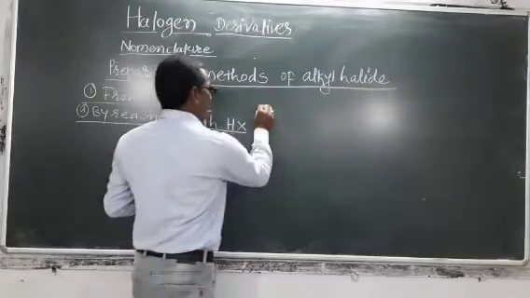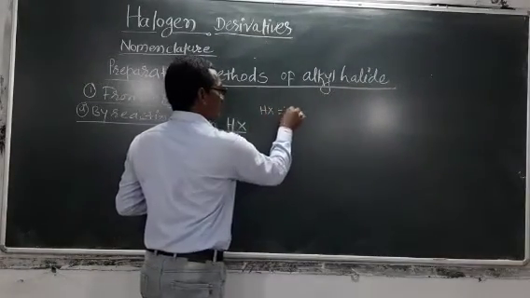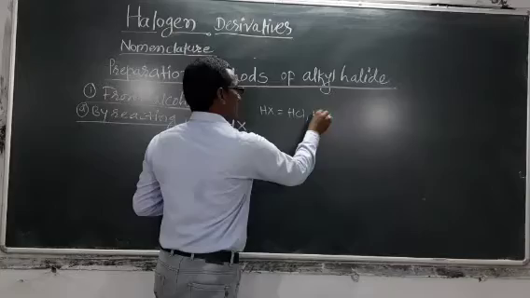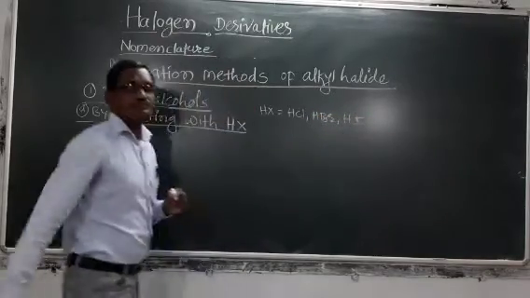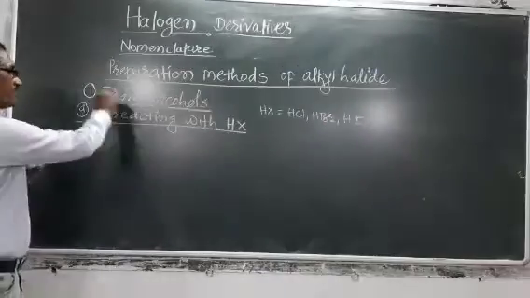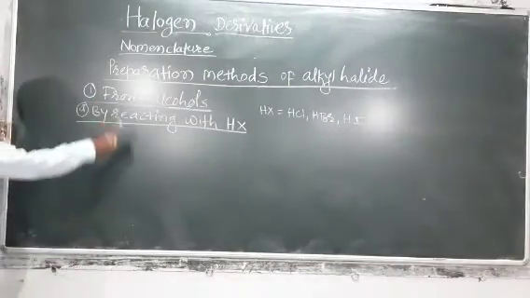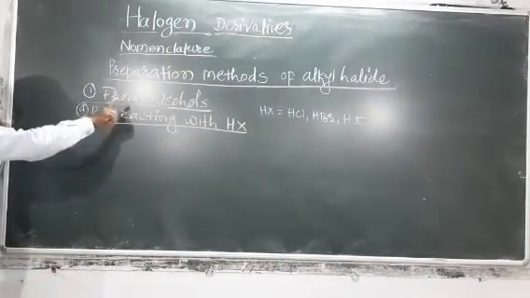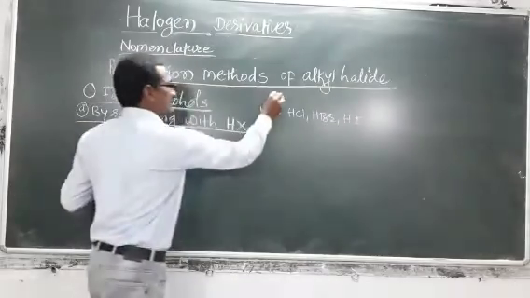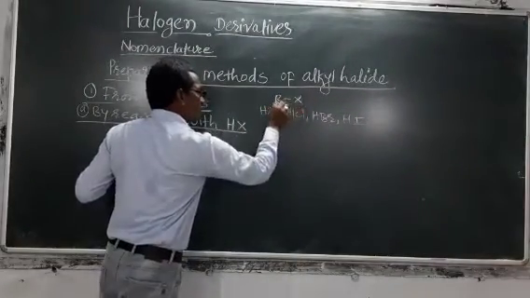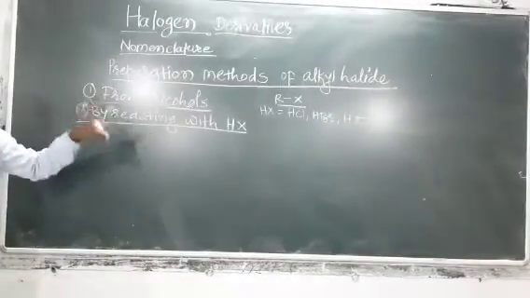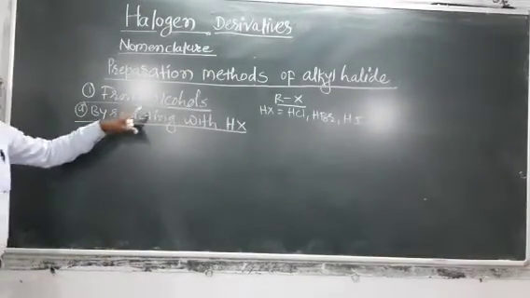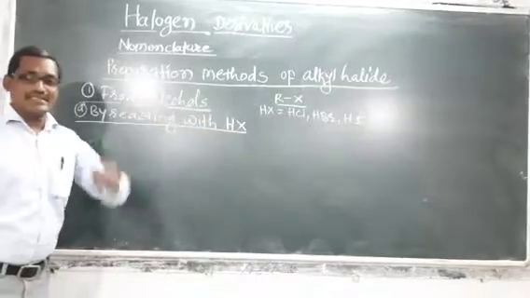This HX may be HCl, HBr and HI. Now how will we prepare? We have to prepare RX from alcohol. We are studying the preparation of monohalogen derivatives from alcohol by reacting with HX.